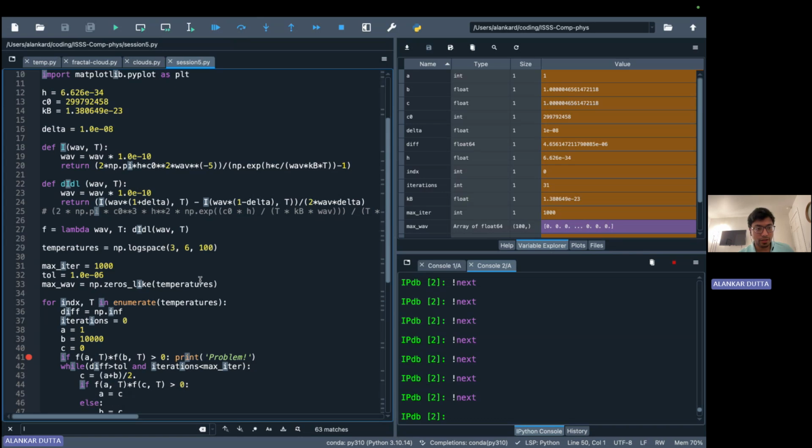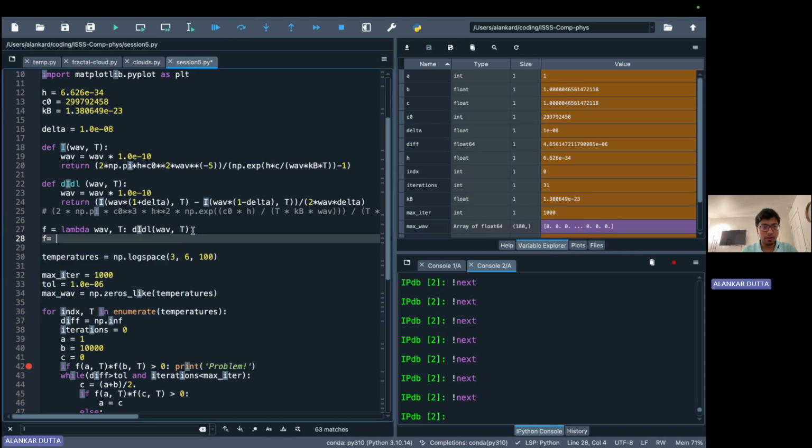So let's try this for some F, which is different. So F is equals to, say, 3 times x minus 4. So 9.